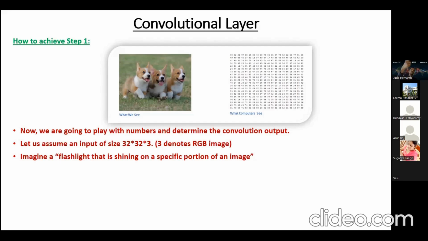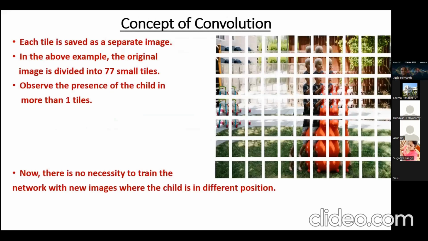When I switch on my torchlight, that means I am overlapping my torchlight on the wall. A small portion of the image is visible. What is that small portion of the complete room? The small sub-segment of the first image. This first image is the first portion where I'm showing the torchlight.